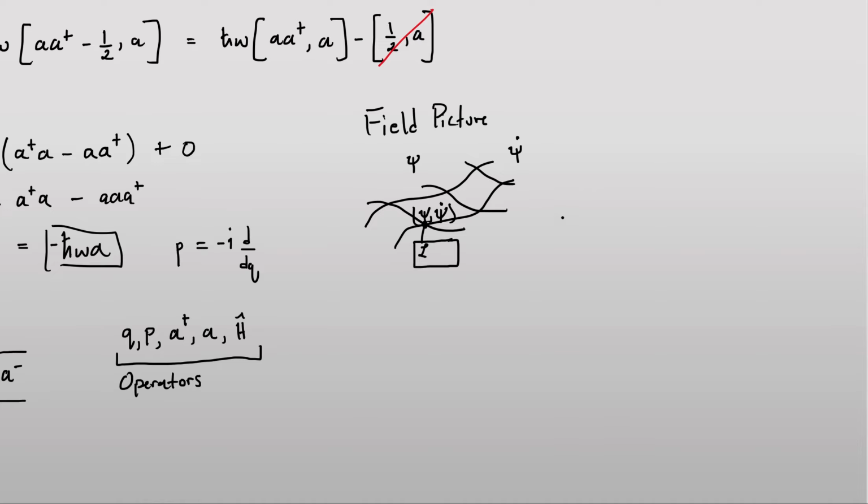But we also want to take into consideration this other picture where we have a field. From the field we are interested in x, t, and then we can imagine we have two other dimensions, our y and z dimensions. And we have states. Remember, these states are functions of x, y, z, and t.